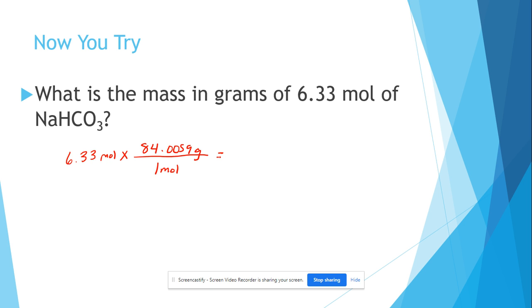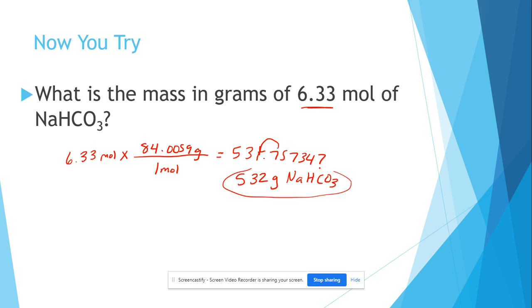When you would go to find this, you would get 531.757347, but you can only have 3 sig figs, so 5, 3, and this 7 rounds that 1 up to a 2, so 532. Don't forget your unit, grams of what? Of sodium bicarbonate. How did you guys do?